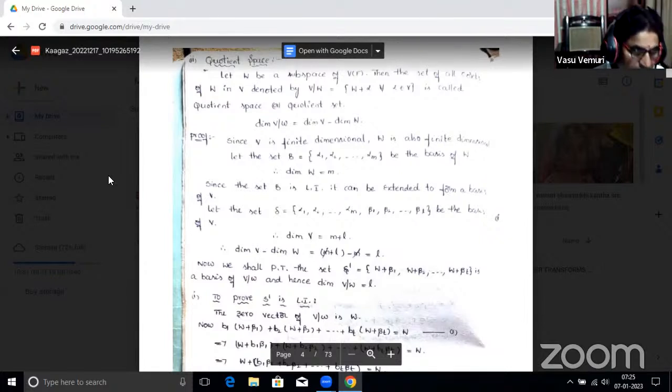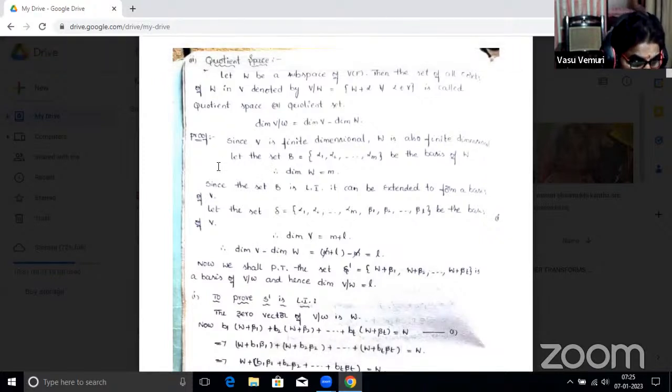At the same time, W plus 0 bar equals 0 bar plus W equals W. So that is the additive identity. Next, existence of inverse: W plus alpha and W plus minus alpha give W plus 0 bar, which equals W. That additive inverse is there.